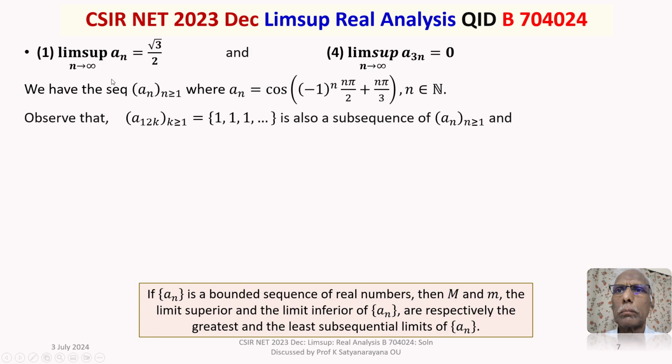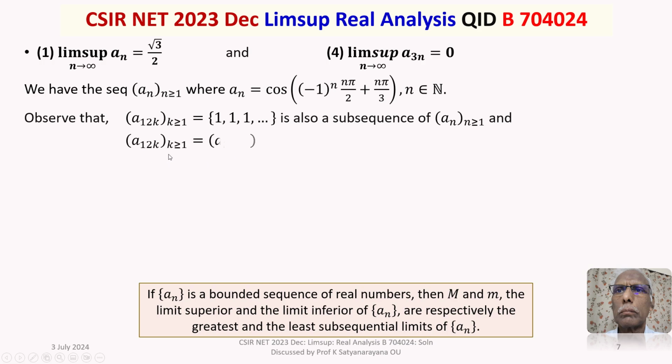And you can also observe a_12k is also a subsequence of a_3n. How do we get it? a_3 multiplied by 4k. So in a_3n, wherever there is n, substitute 4k, you will get this one.